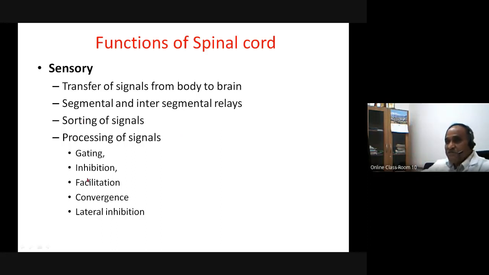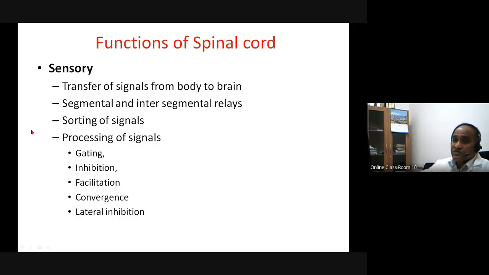Then sometimes, because I talked about the synaptic facilitation and the synaptic inhibition, this is the sort of function there. So that means either they are inhibited or facilitated, so that this is a part of the signal, whether they have to be given a greater facilitation, so that the information is taken in priority.